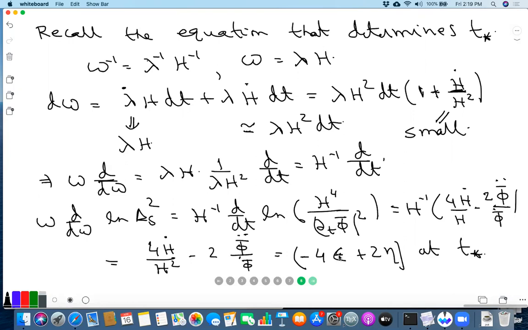So these in turn can depend on omega, because these epsilon and eta, if you remember, we translated into the property of the potential, and these could change with time slowly. So these themselves, the spectral index, could depend on omega itself. Is this clear? Are there questions?